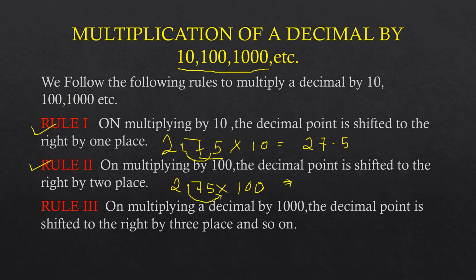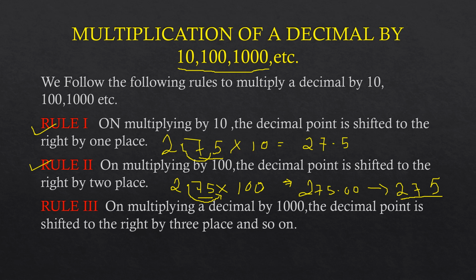Here we already have two places, so the new number will be 275.00, because we do not have any more decimal places to write. Basically we get 275, because if we have only zeros after the decimal point, we can simply write the whole part without the decimal part.